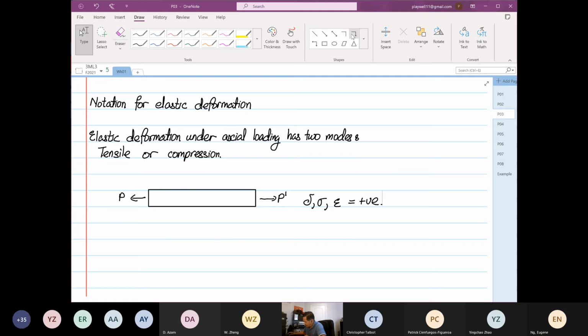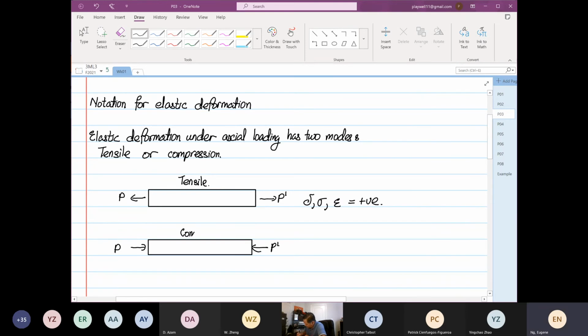Okay. So this is tensile. And if the loads are acting towards the member, this is what we call compression. And in compression, the deflection, the stress, and the strain are all negative.